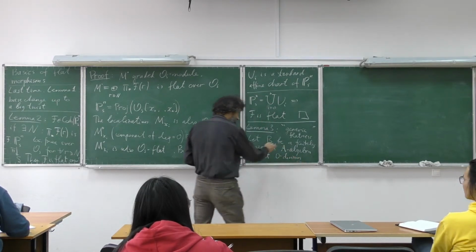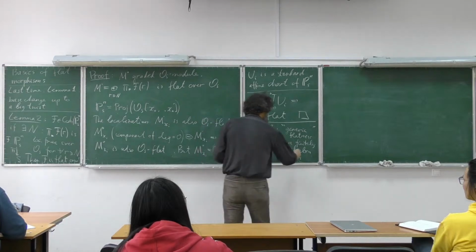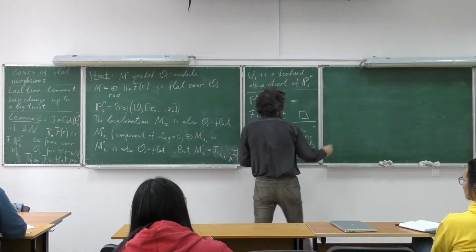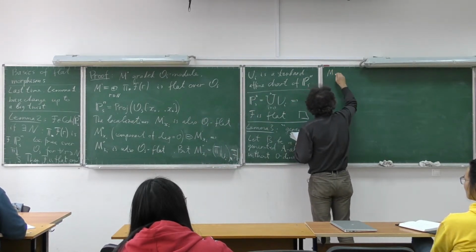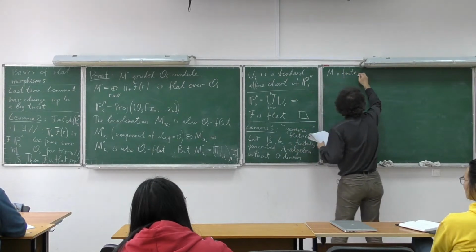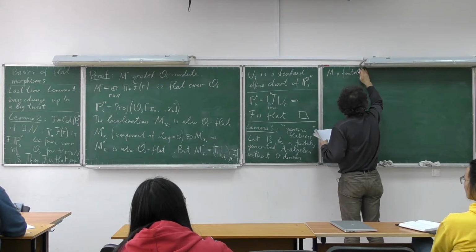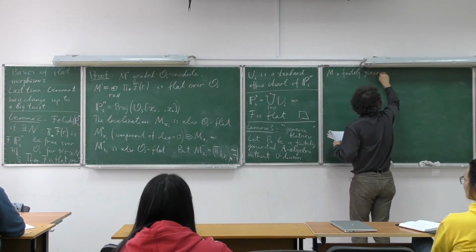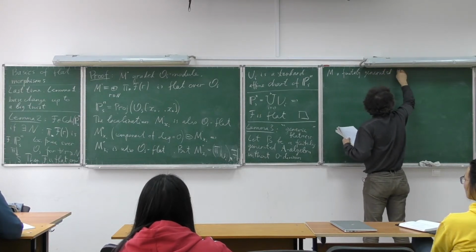In particular, A is also integral, that doesn't have zero divisors. And M a finitely generated B module.